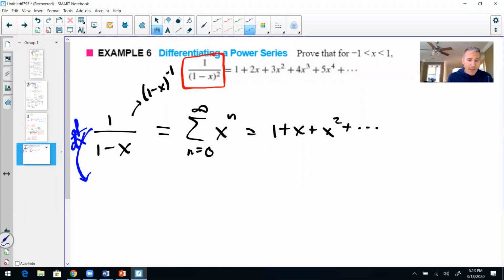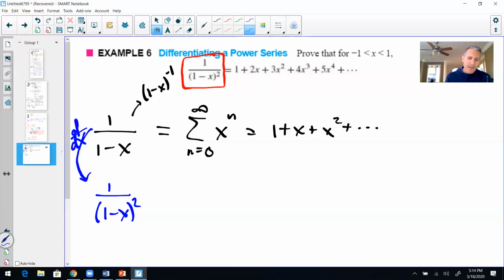So I'm just going to be left with 1 over quantity 1 minus x squared, right? Because again, the derivative of what I have here written in black is -1 times quantity 1 minus x to the -2nd times -1. Those negative ones cancel out, and I'm left with 1 minus x to the -2nd, also known as 1 over quantity 1 minus x squared.